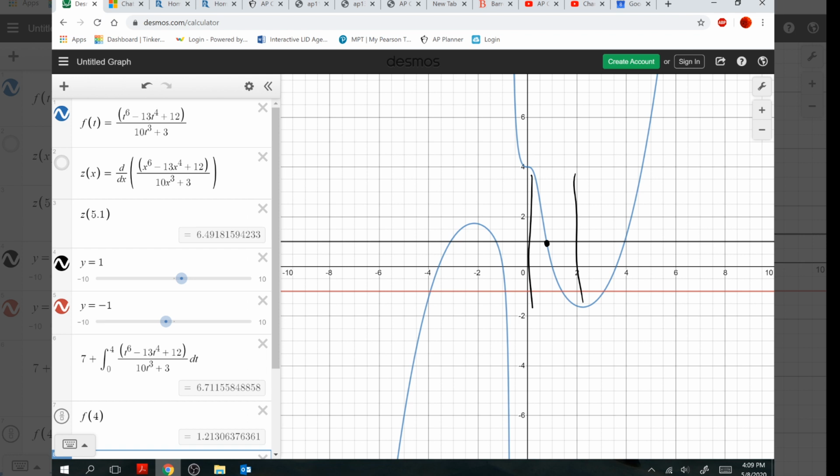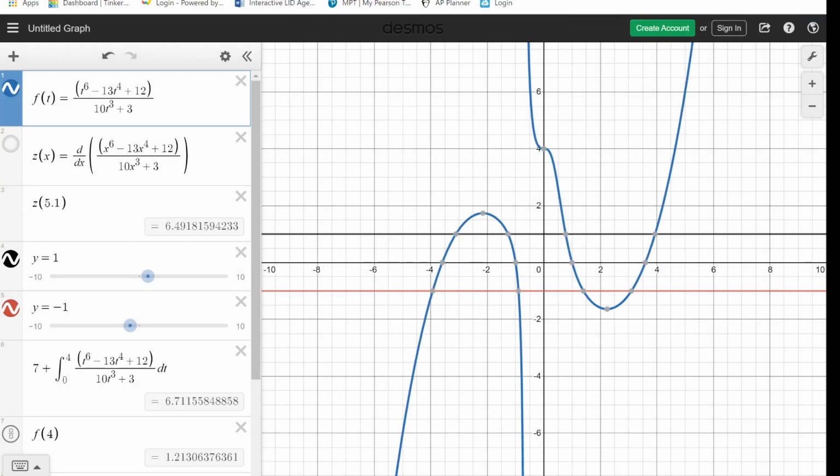But most people didn't get this point, which is also a speed of 1, because it's a velocity of -1. And if we click on those 2 points, in Desmos we can just click on them. We get 0.772 and 1.401.